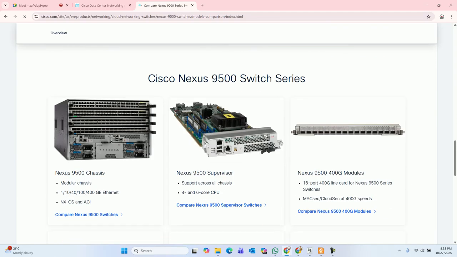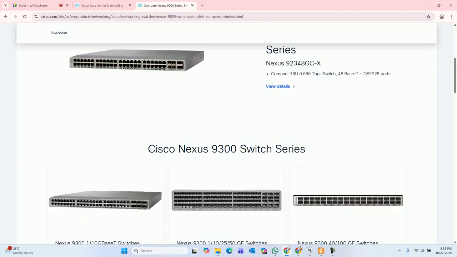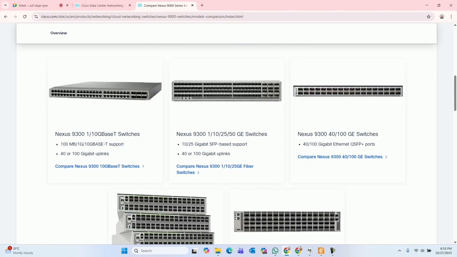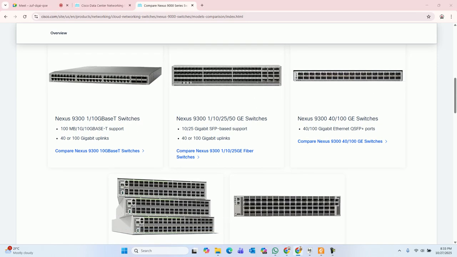Now you notice that we have the 9300 series at the top. In 9300, you have different switches.